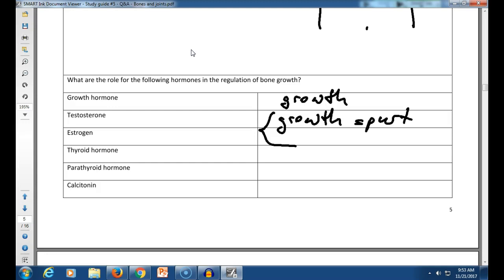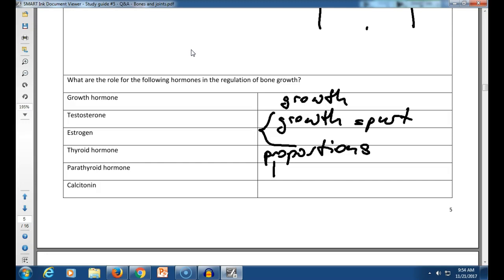Thyroid hormone. Protein synthesis, proper bone deposition proportions. Parathyroid hormone. What does it do? How does it affect the bone density by itself?